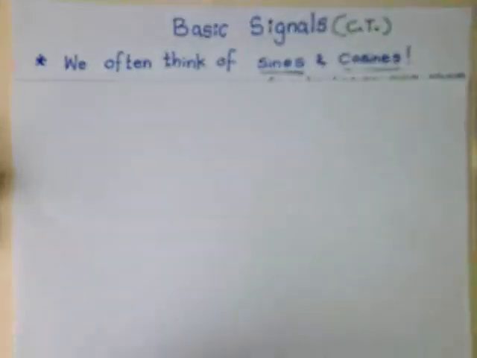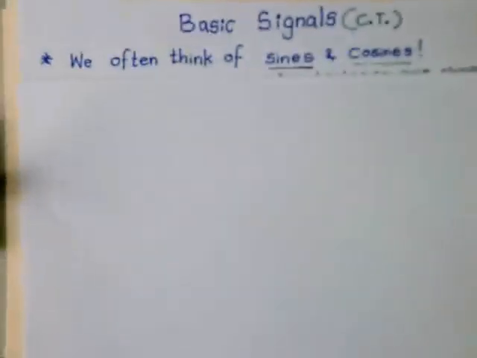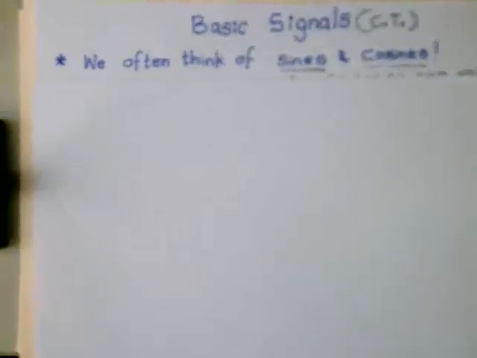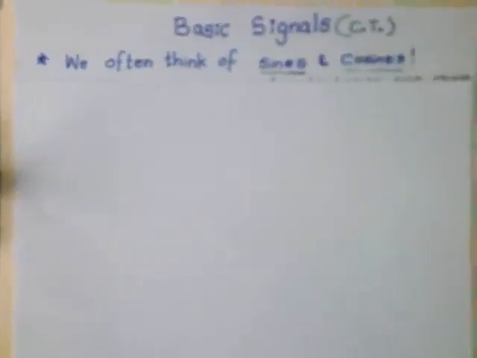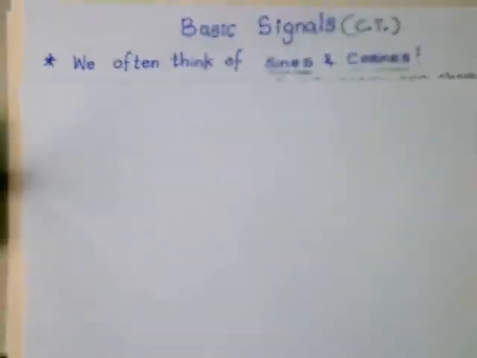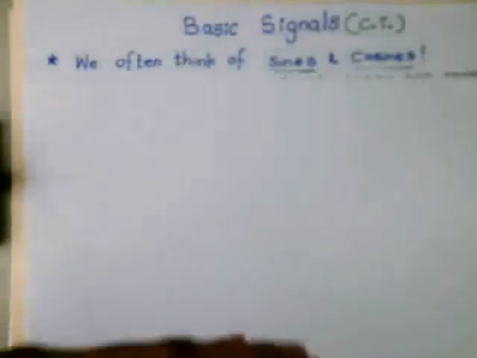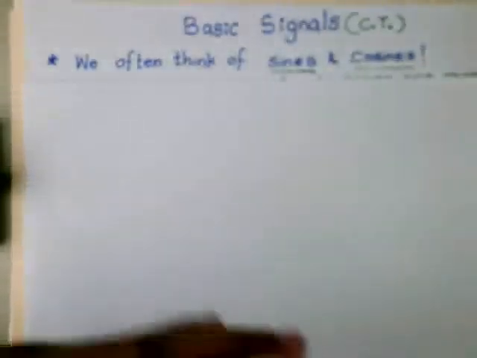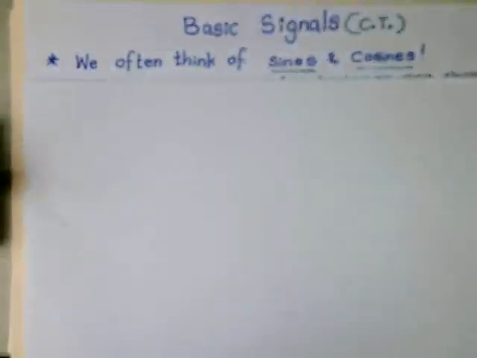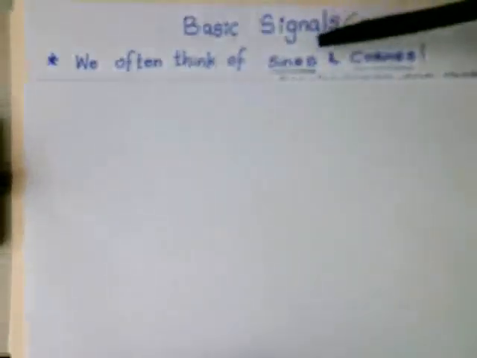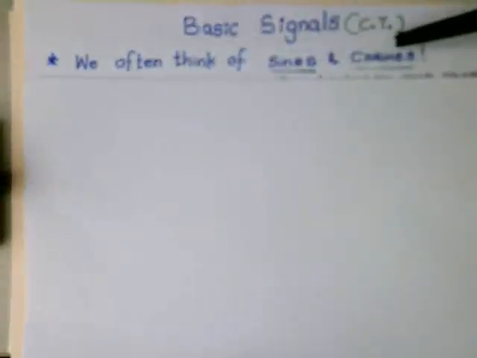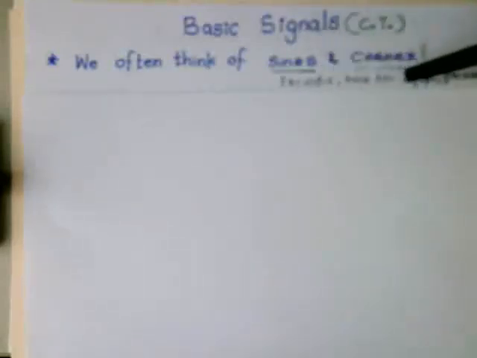So we often use or think of sines and cosines as basic signal types. Partially that's true in one way, and one can argue against that as well. So let's try to understand why and why not. Now, sines and cosines are time varying signals. They have an amplitude.